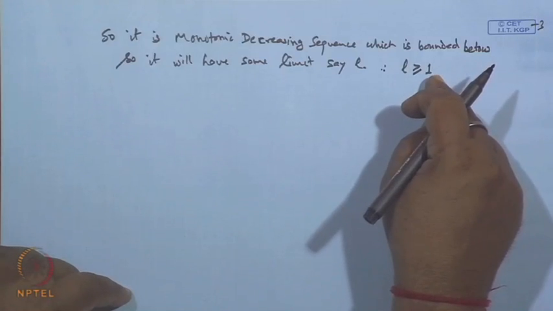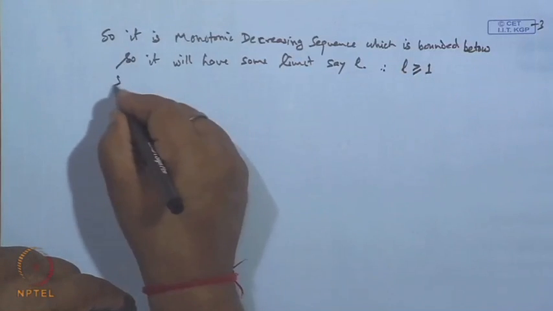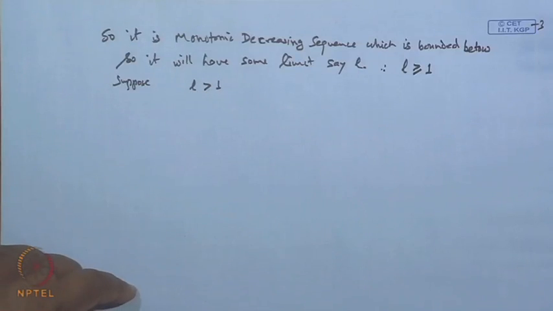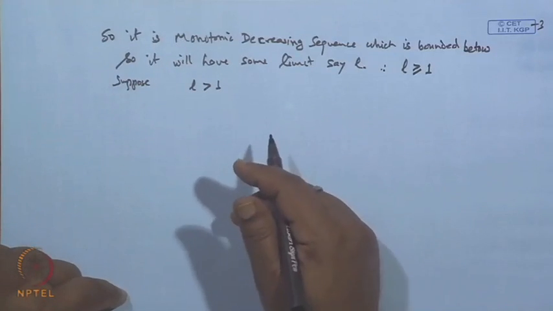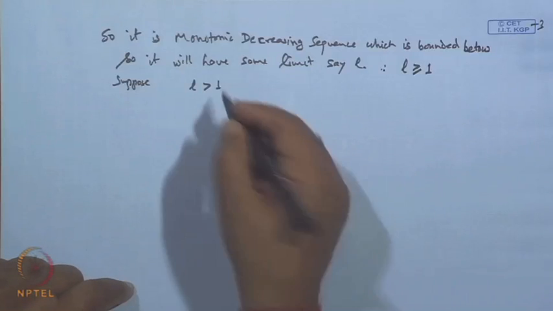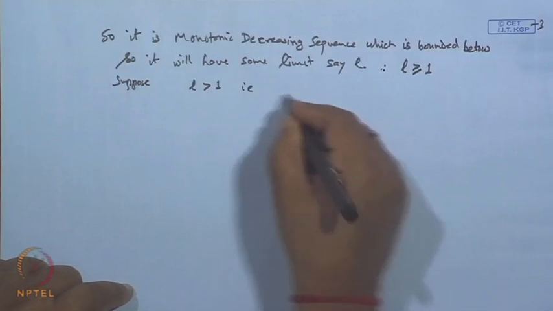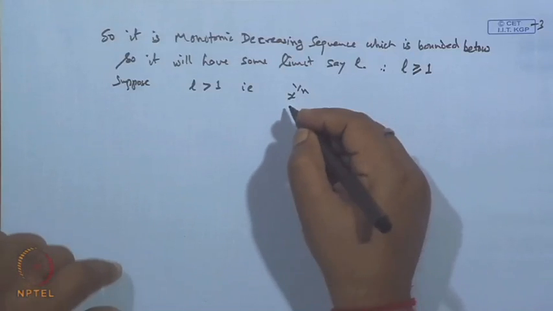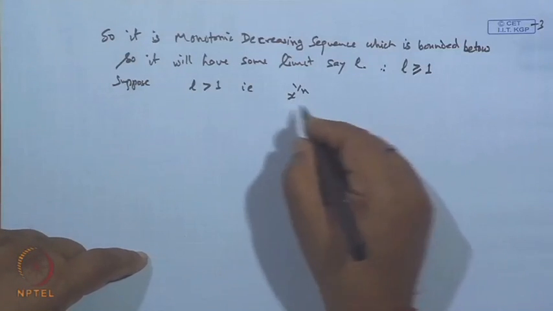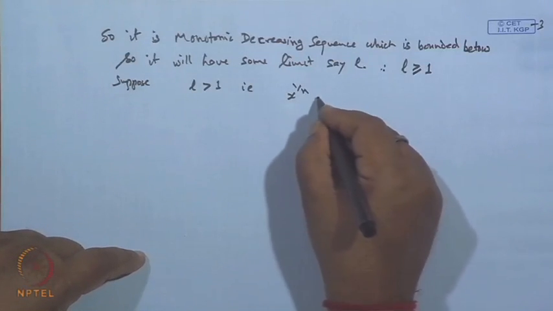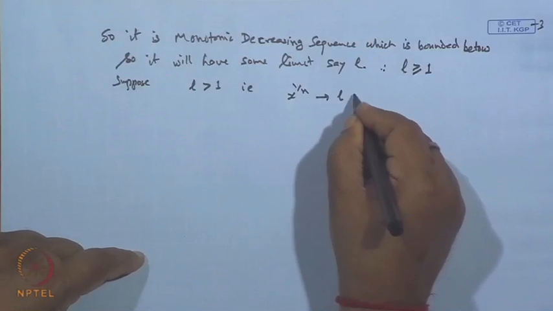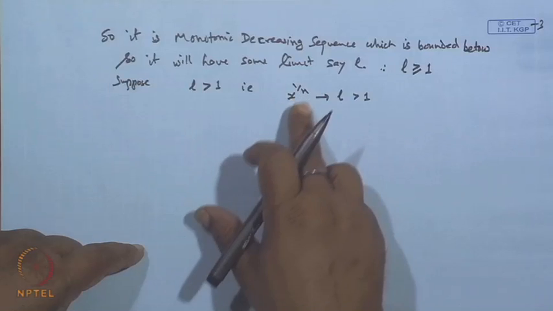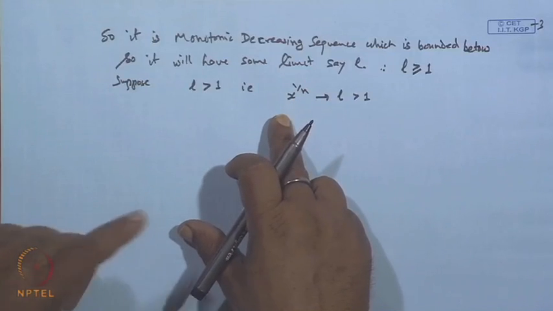Suppose L is strictly greater than 1. Then the limit of x to the power 1 by n as n tends to infinity is L, which is greater than 1. That is only possible when x to the power 1 by n is strictly greater than L for all n.